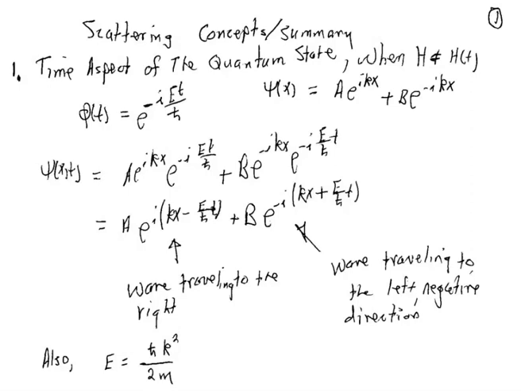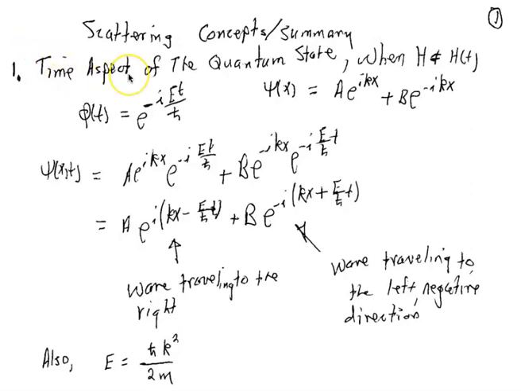Now, differently, we won't necessarily be trying to find those quantities. What we're going to be looking for will be called the percent of transmission and the percent of reflection of the wave. So let me get started.